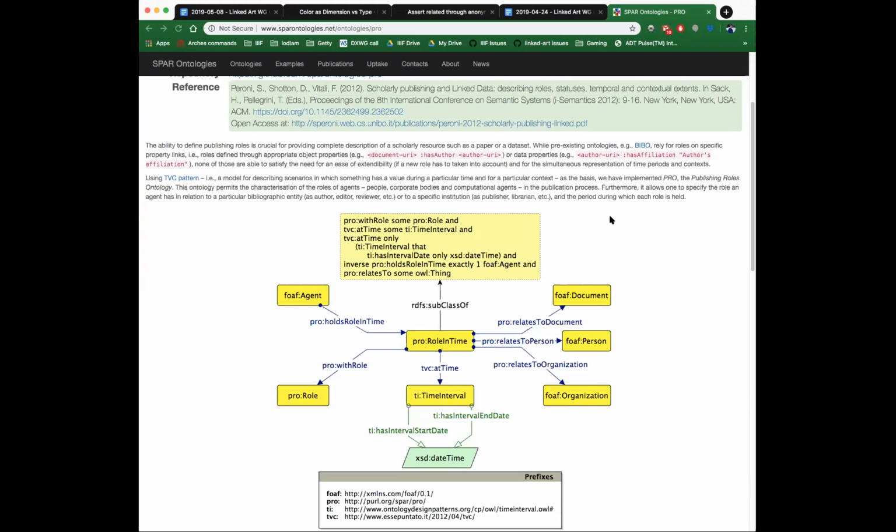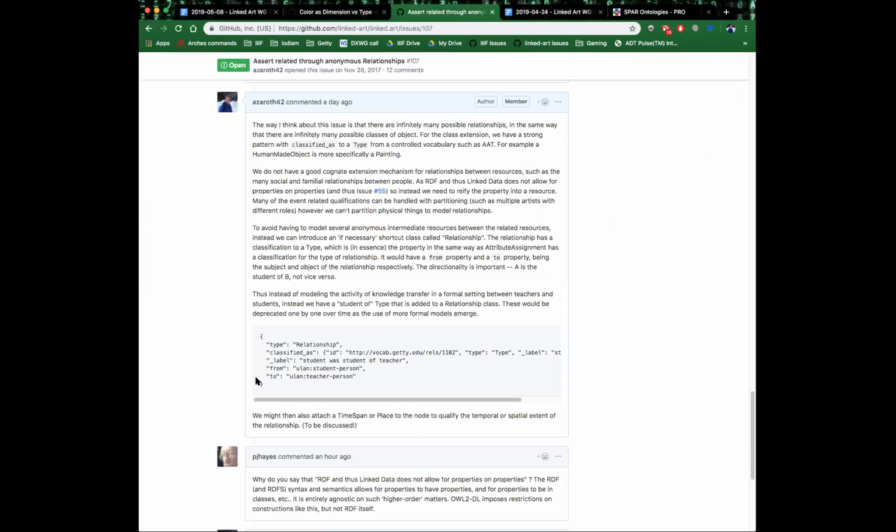Could you try to represent the student-of relationship using that pattern and put it into the issue so that we can compare the two? Definitely, I will do that later. Okay, thank you very much.